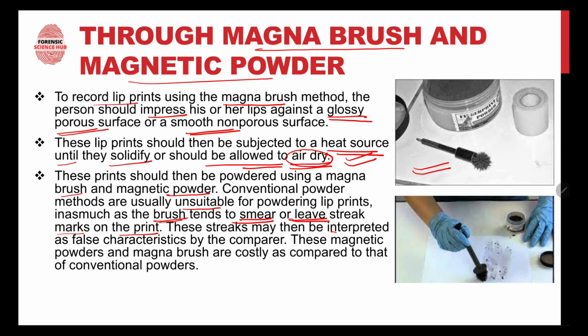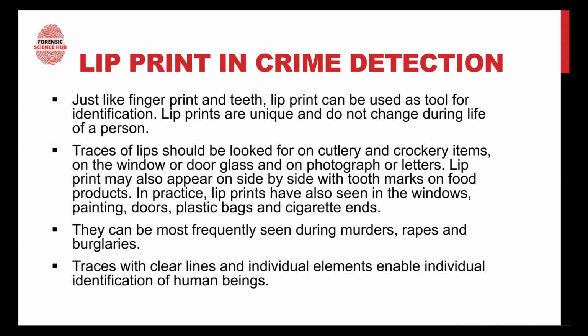These streaks may then be interpreted as false characteristics by the person who is comparing the two lip prints, right? These magnetic powders and magna brush are also costly as compared to the conventional colored powder. Hence this method is not that preferred as compared to the regular colored, non-magnetic powder.